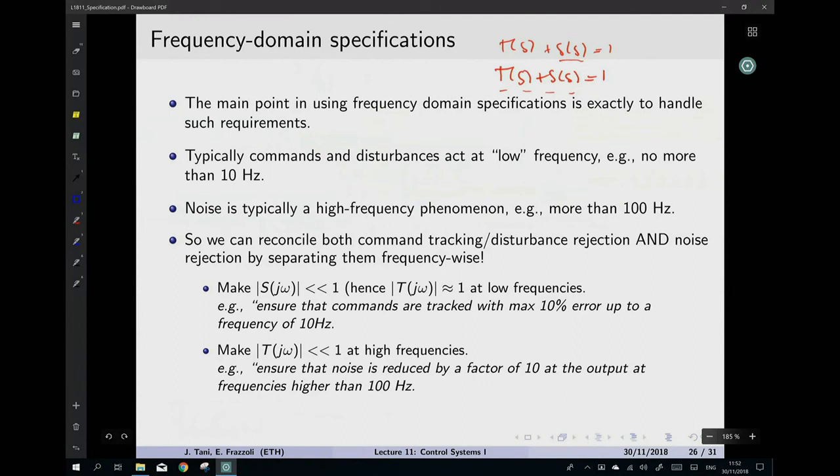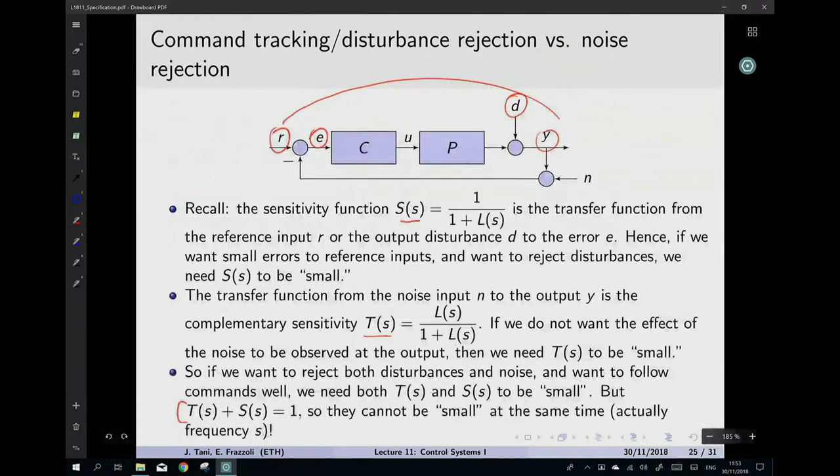So what does this mean? Let's look at it. The sensitivity function is what? It is the transfer function from the reference or from the output disturbance to the error, okay?